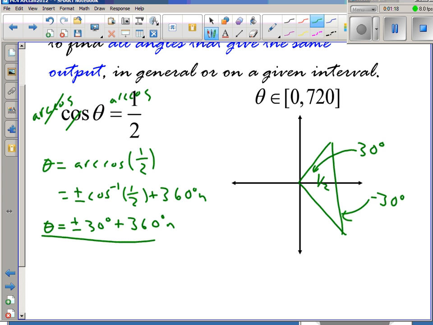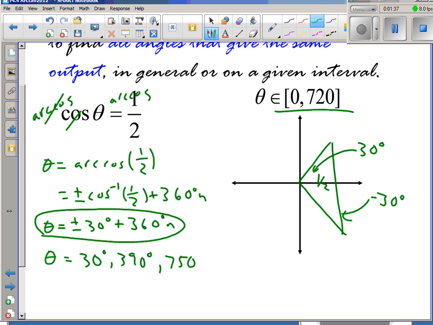That's the general solution. On the specific interval given, from 0 to 720, we just use this to generate all the values that are greater than 0 and less than 720. Certainly 30 works. If you add 360 to 30, you get 390. Another 360 added is 750. No, that can't be.